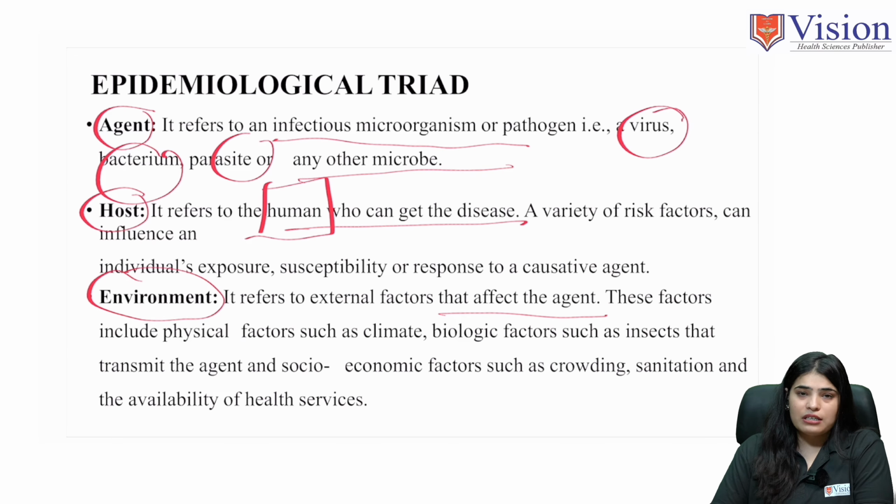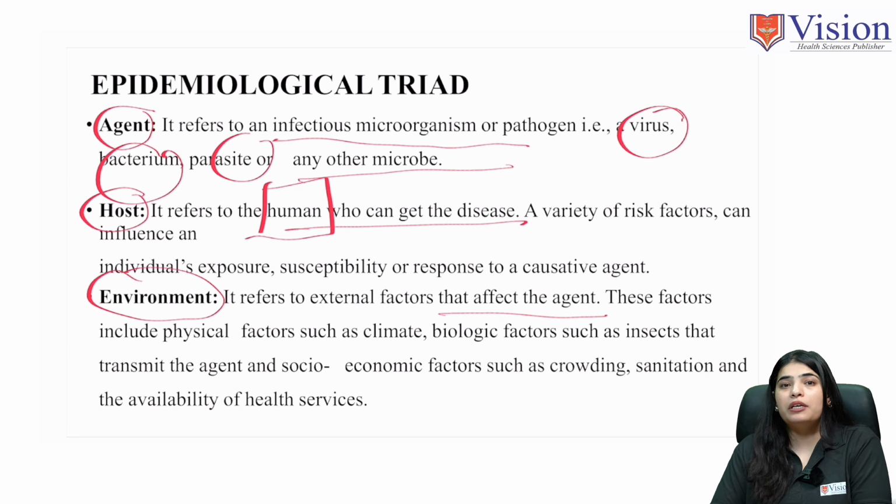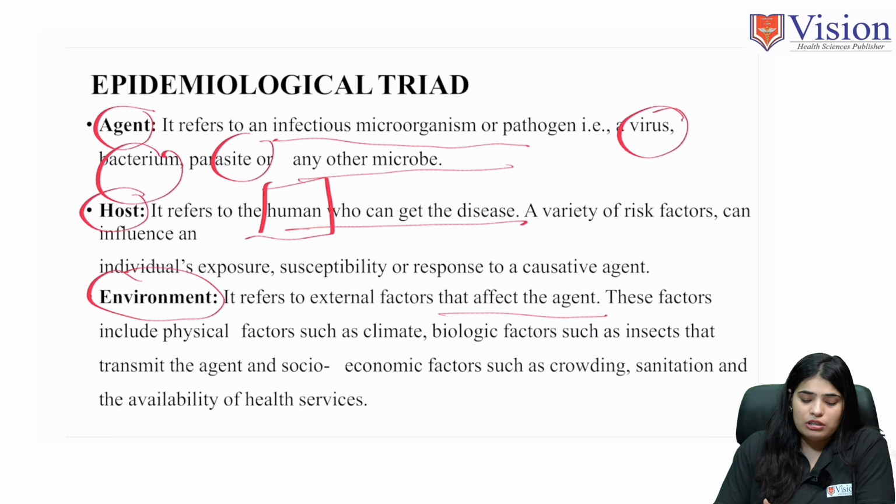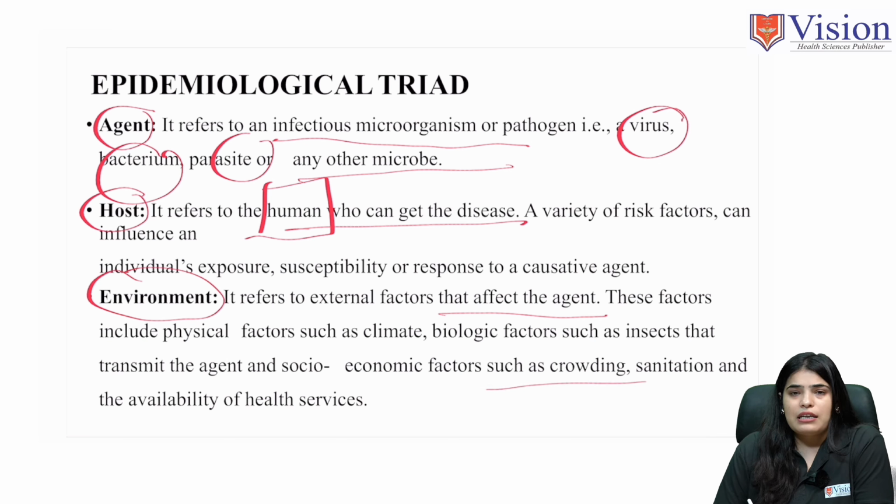There are so many conditions which make a person prone to getting diseases, and all these things come under the environment. For example, what kind of environment the patient is living in, what the sanitary conditions are over there, and what the availability of health services is. It will also depict the presence of disease in the person. So this is the epidemiological triad, consisting of agent, host, and environment.